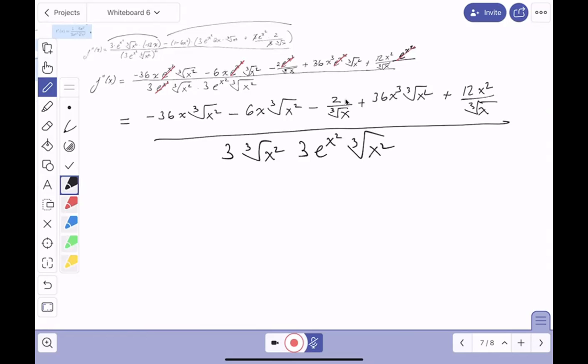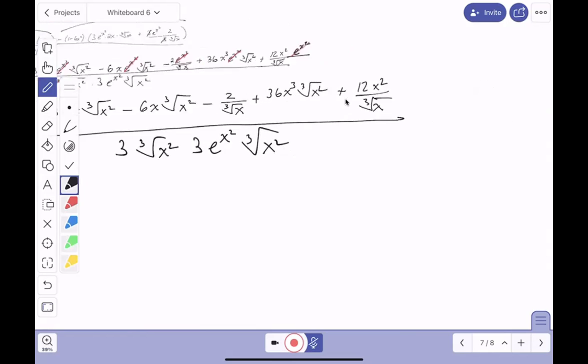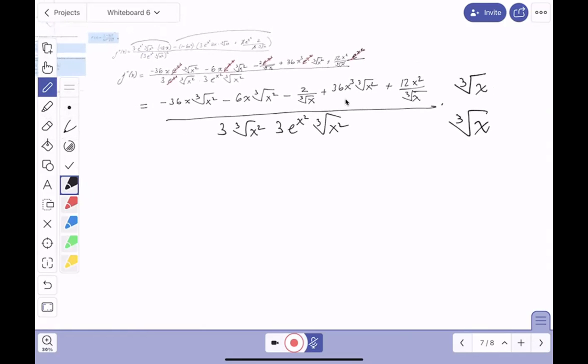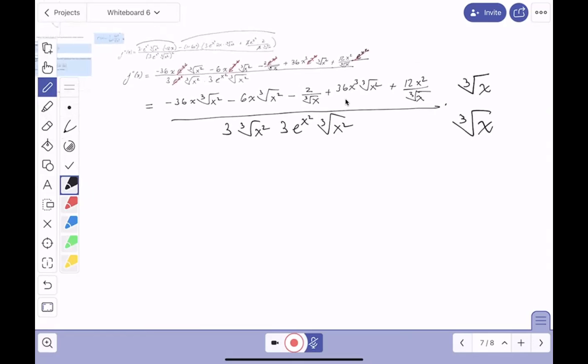All right, let's take a look, see if we have something to do over here. And I'm going to multiply top and bottom by the cube root of x. And let's see what we get. Who knows what's going to happen?